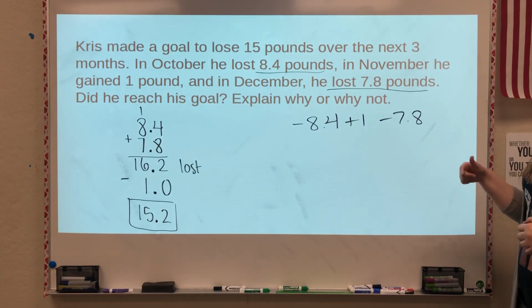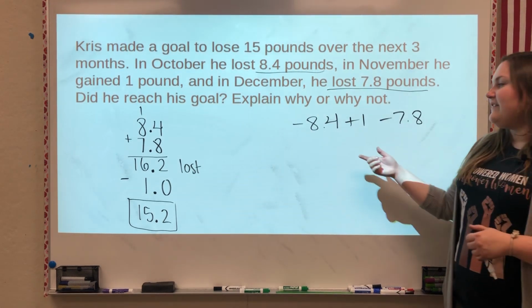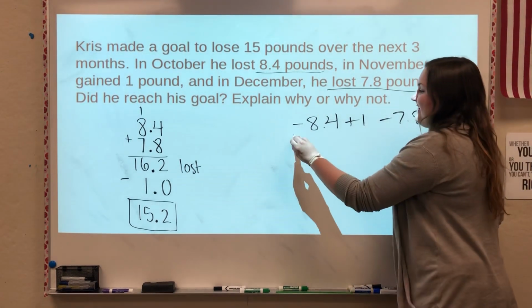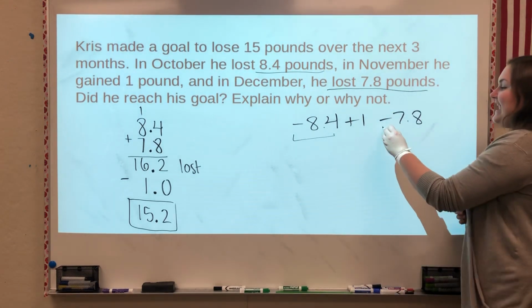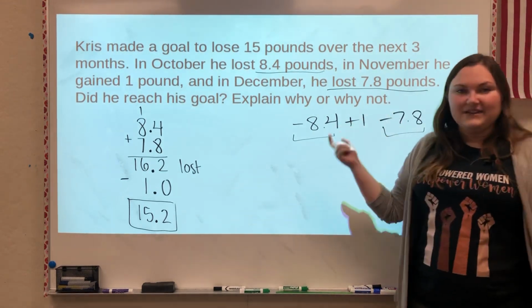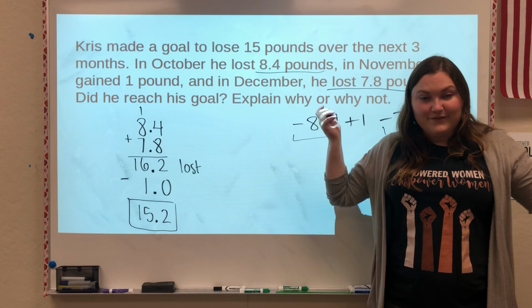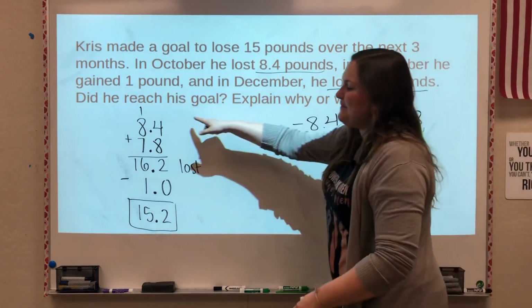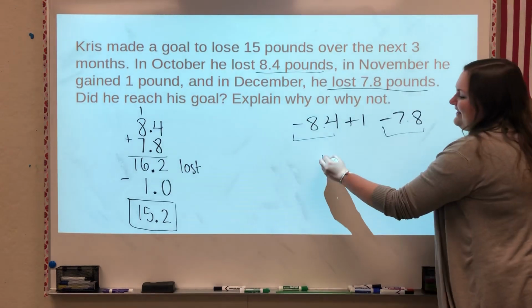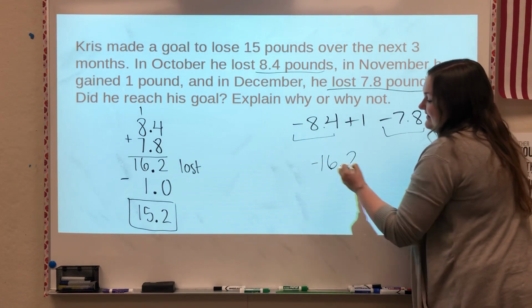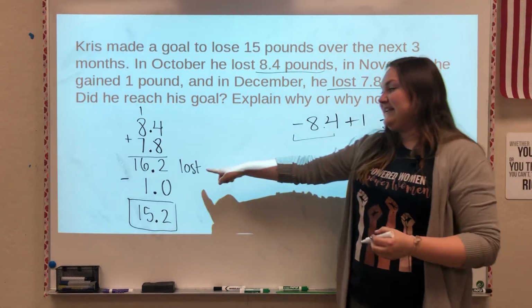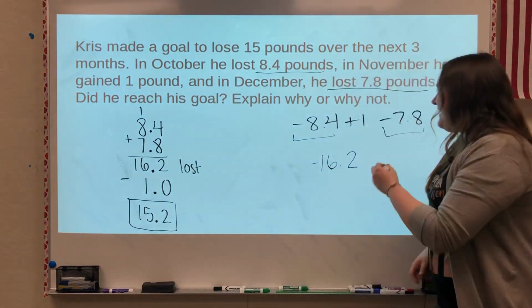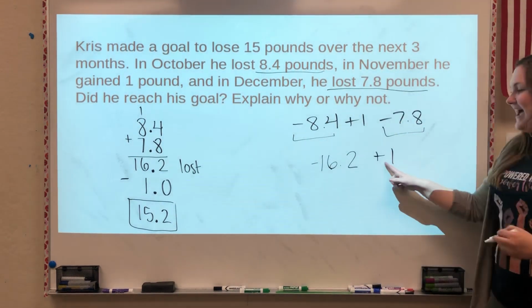When we go to do this math, one of the things you could do is start by saying, I'm going to look at the negatives. When you have 2 negative numbers, what do you do? Well, if they're both negative, you add and keep the sign. Notice that's the same thing we did here. I'm adding those 2 numbers and then keeping the negative sign to show that that's weight he lost. The second part, I've got different signs here.